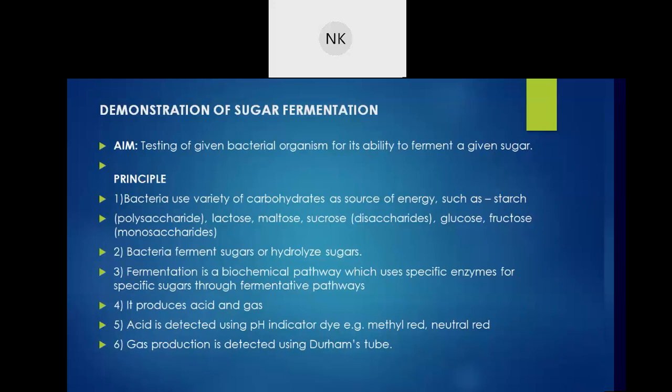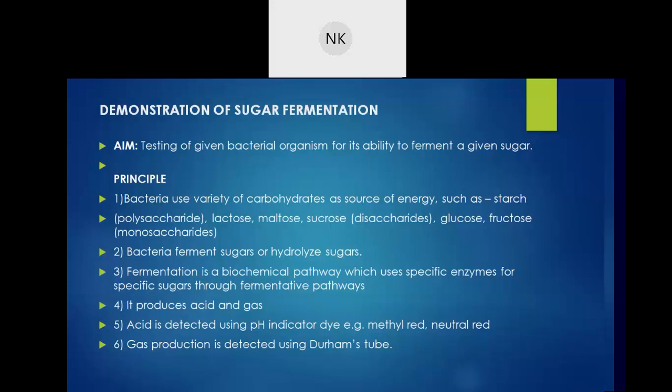These can be detected. Acids can be detected by using a pH indicator. It may be phenol red, neutral red or methyl red. Any pH indicator can be used to detect the presence of acid, whether or not the bacteria has utilized or fermented the sugar or carbohydrate in the medium, and if it has produced acid, that can be detected by using a pH indicator.